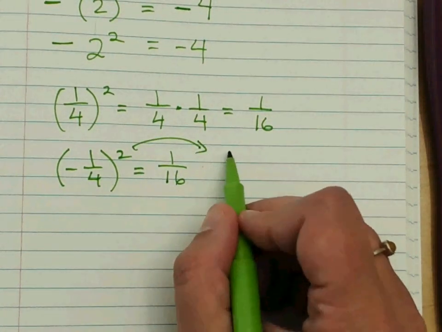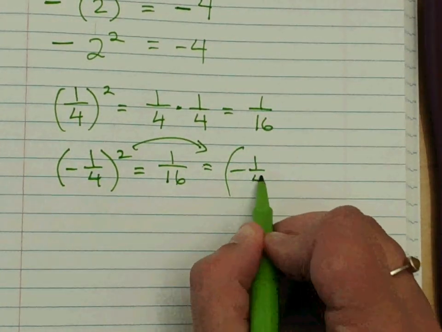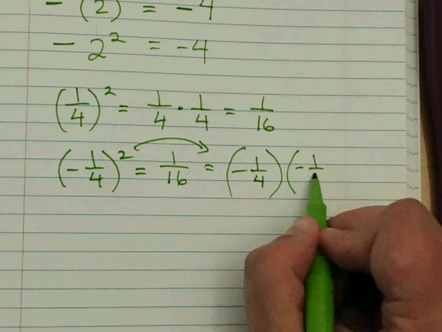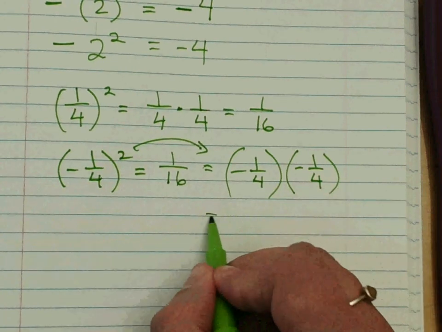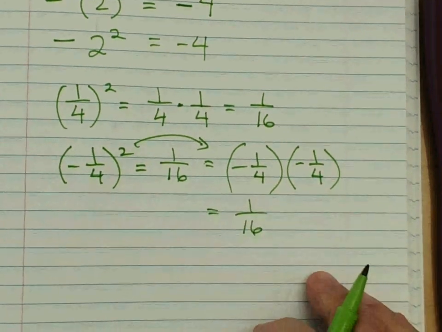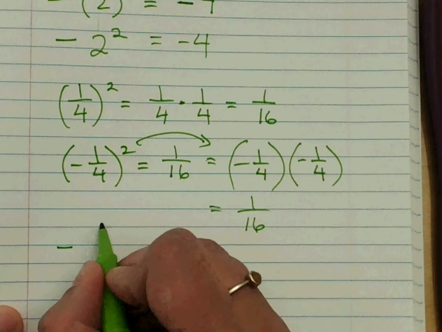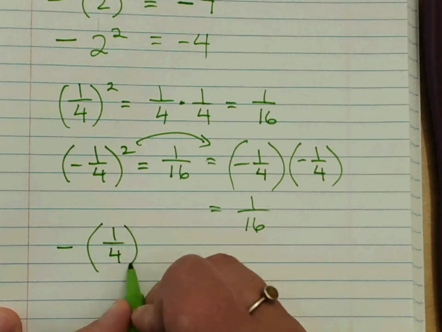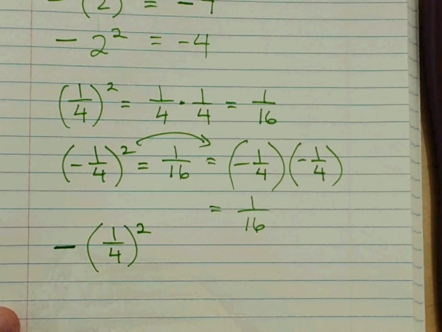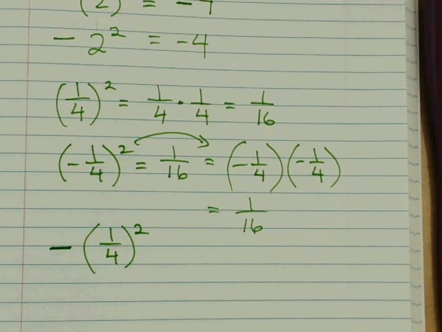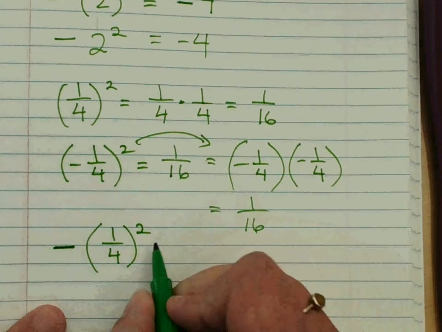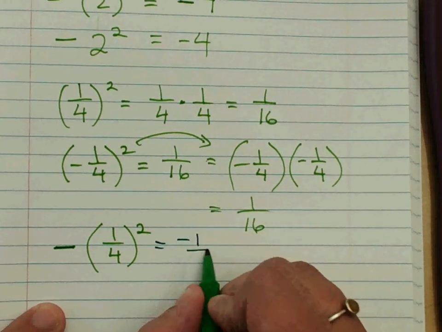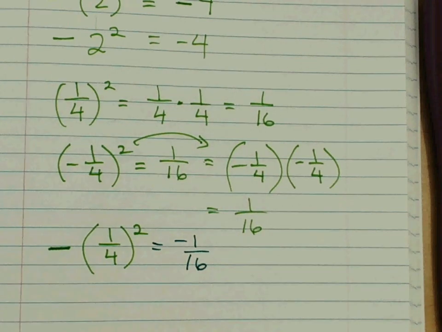If I write it out, it's going to be negative 1/4 times negative 1/4, and we said a negative times a negative is a positive, okay, 1/16. If I put the negative on the outside of the parentheses, am I squaring that negative if it's outside the parentheses? No. So what's that one going to be? You put the negative at the end, negative 1/16. Okay. Questions so far?